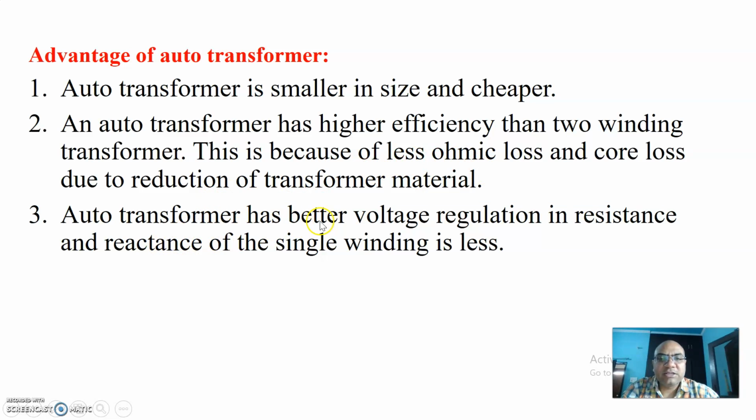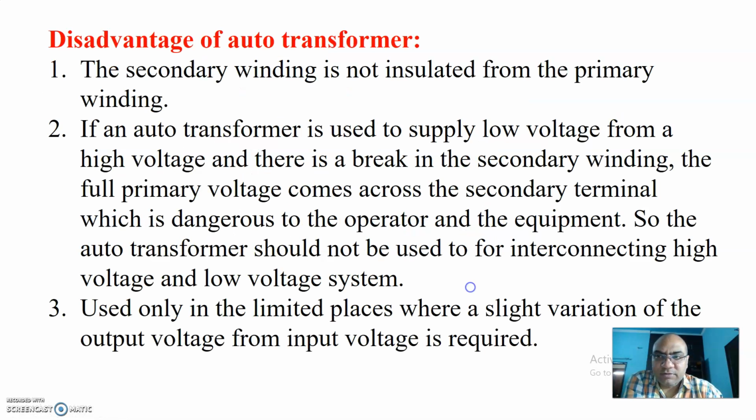An autotransformer has better voltage regulation, since the resistance and reactance of the single winding are less. Okay, because the values of resistance and reactance are less, voltage regulation will also be better in an autotransformer.